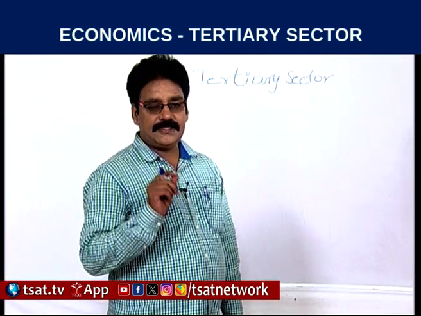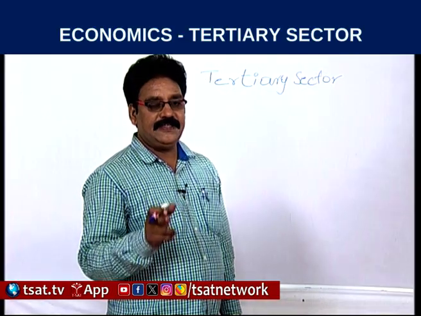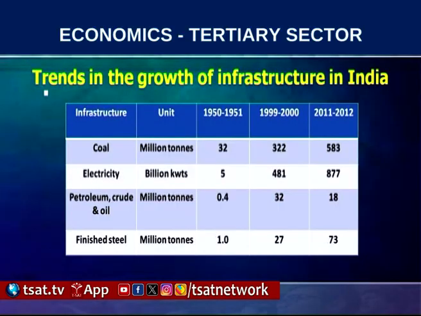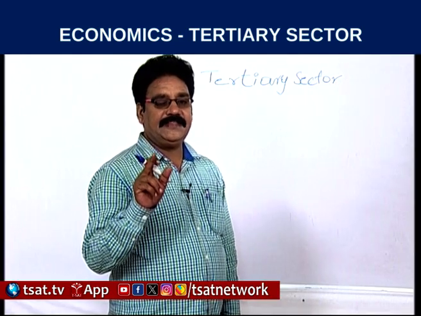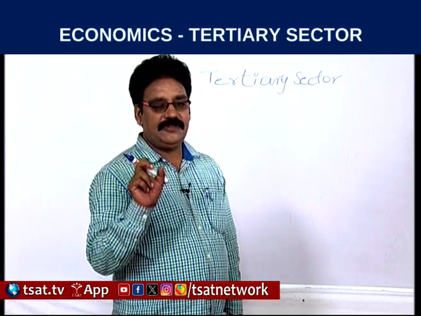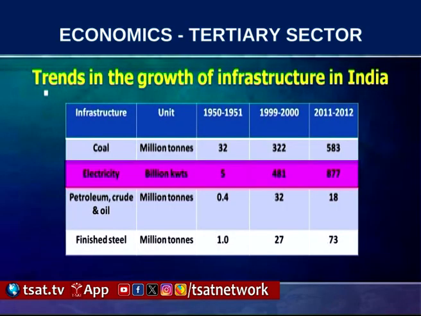If we take the essential element necessary for the development of agriculture and industry, it is coal. During 1950-51, only 32 million tons of production was there. It increased from 32 to 583 million tons. This is the development by which we are providing infrastructure to the agriculture and industry sectors.